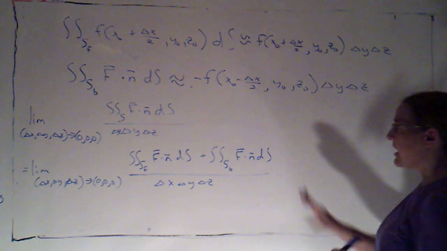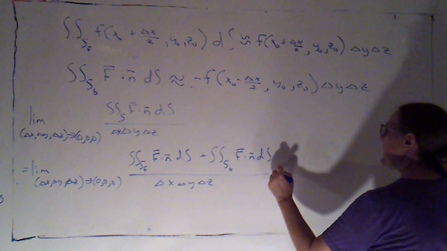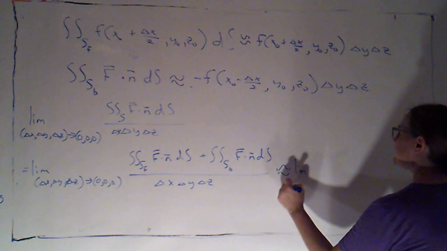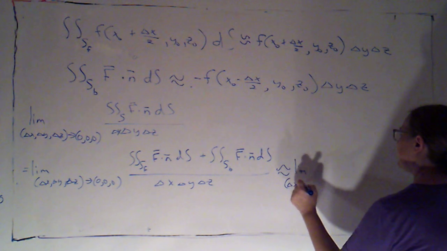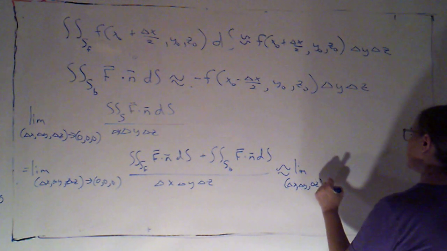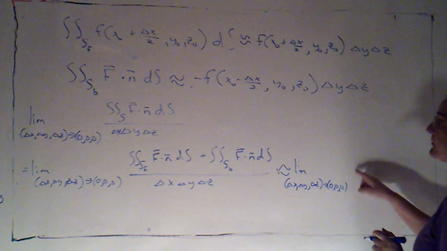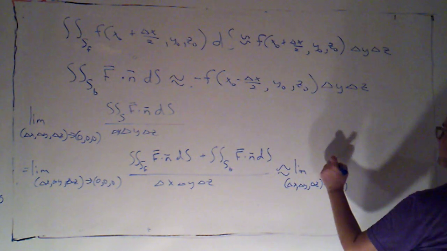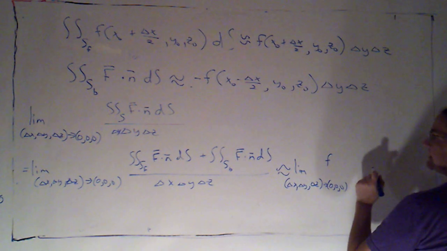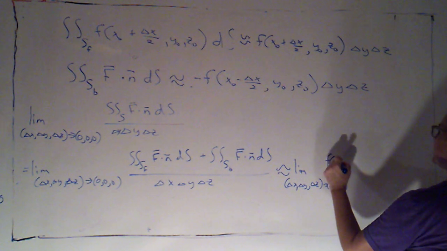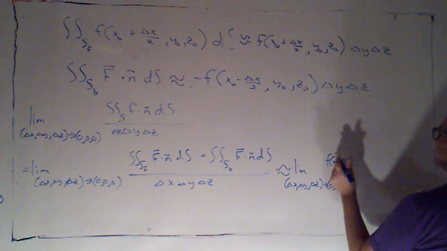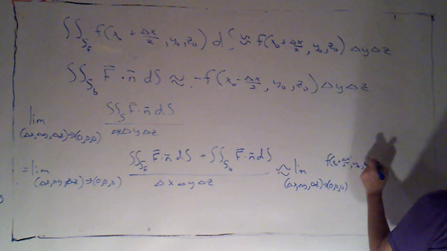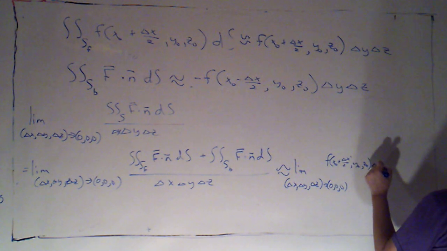Just focusing on the limit of this part, I can say that is now approximately the limit as delta x, delta y, delta z goes to 0, 0, 0 of, we approximated this way, f of x naught plus delta x over 2, y naught, z naught, times delta y delta z.